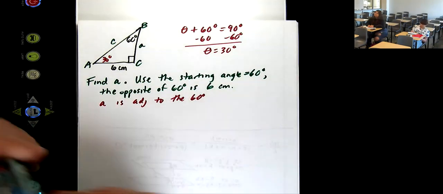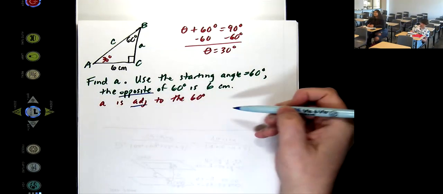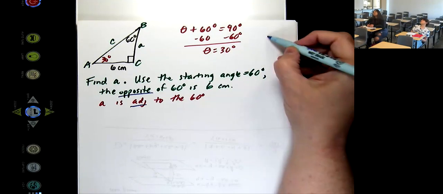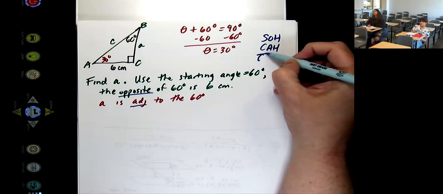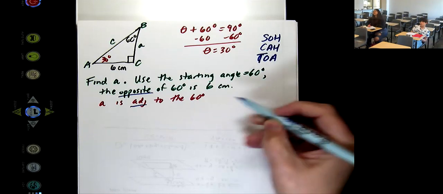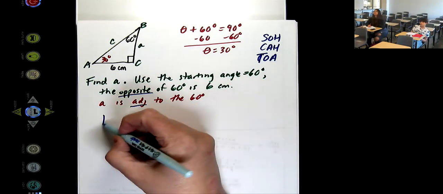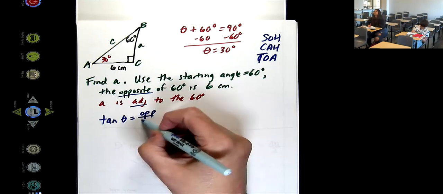So I am looking for something that has opposite and adjacent in it. If we have SOHCAHTOA, the one that has an O and an A, opposite and adjacent, is the TOA, which is tangent.